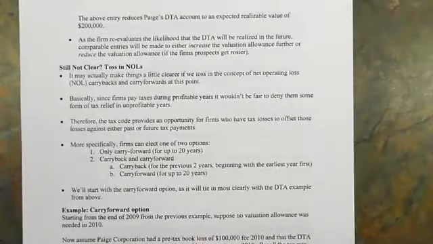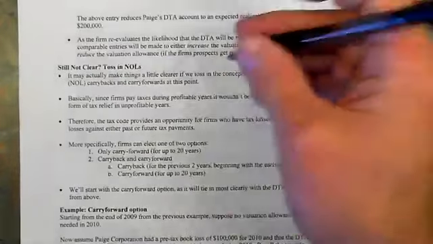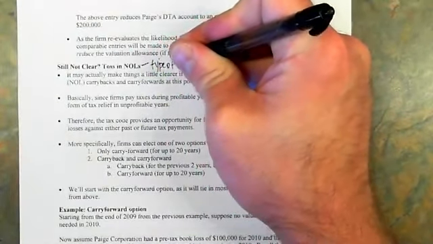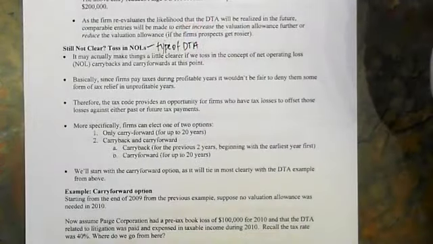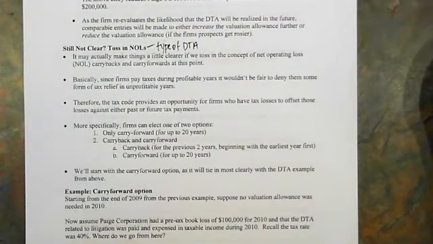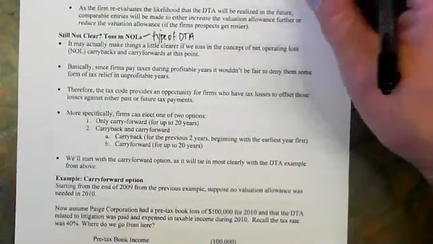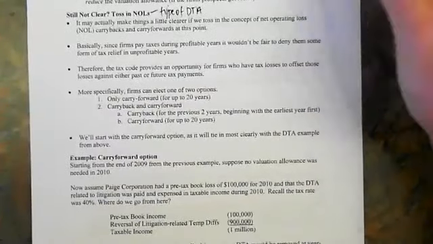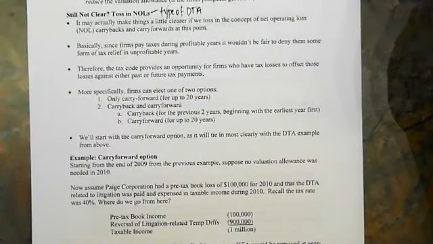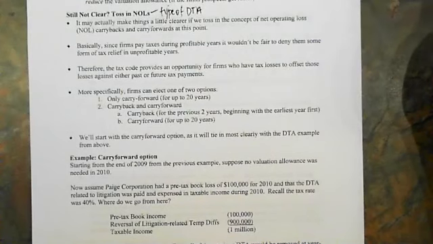All right, so now let's talk about NOLs. NOLs are a type of DTA, and they're a future tax deduction that arises from an operating loss. And since a firm pays taxes in a profitable year, we want to give them some sort of tax relief in an unprofitable year.